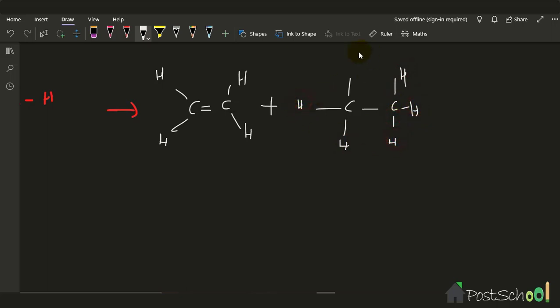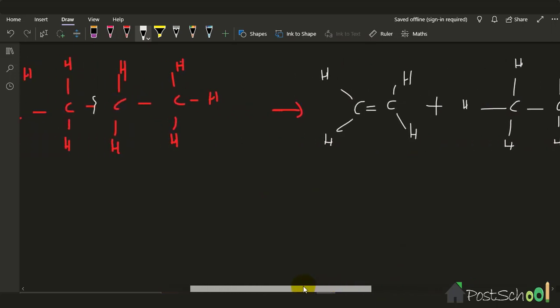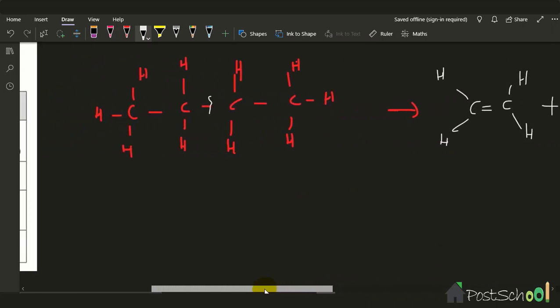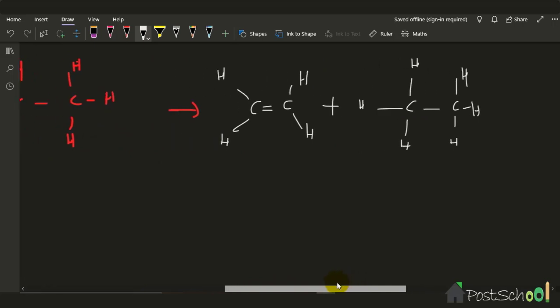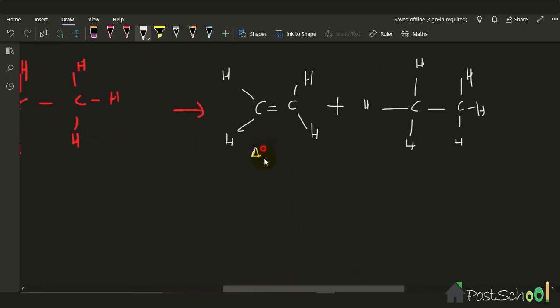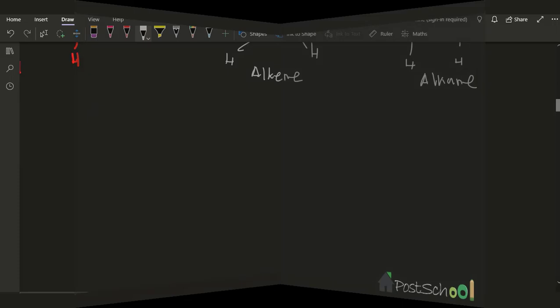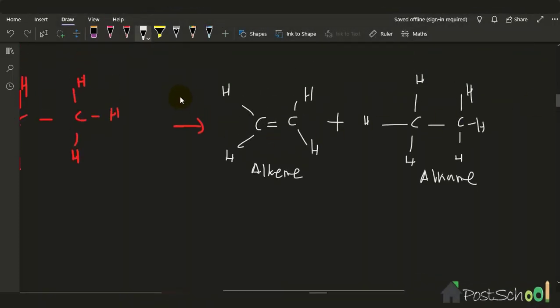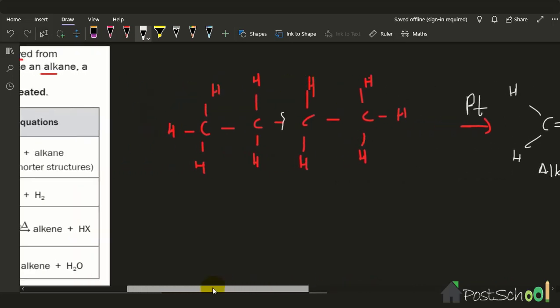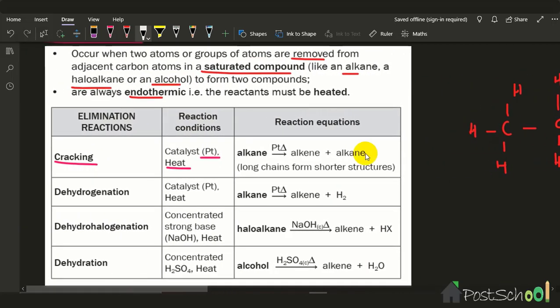That is cracking. So it is this reaction of elimination, where we break the chain and an alkane and an alkene come out, with Pt as the catalyst and heat. So elimination: a long chain forms shorter chains.